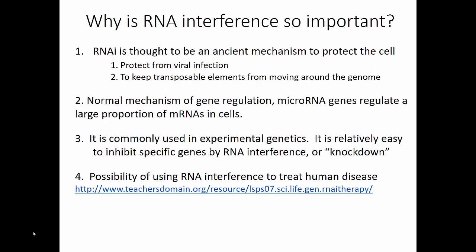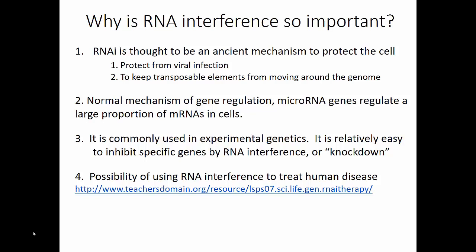So I'm going to finish up by just pointing out a few of the important things about RNA interference. It's really thought to be this ancient mechanism of protection for cells to protect against viruses and also to keep transposons silent in the genome. However, this system has been co-opted by the cell itself to regulate its own genes.